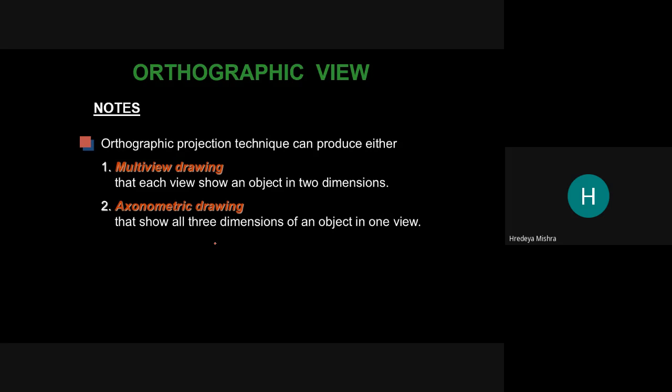What is that? It shows all three dimensions of an object in one view. So we also call this the isometric view. Both drawing types are used in technical drawing for communication.